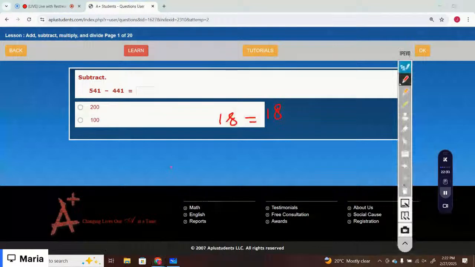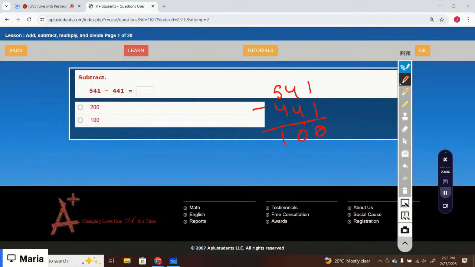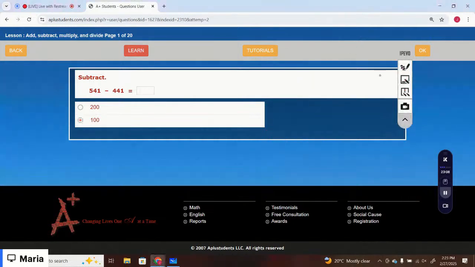So you have to subtract 541 minus 441. One take away 1 is 0, 4 take away 4 is 0, and 5 take away 4 is 1. So that is 100. Option number 2 is the correct option.